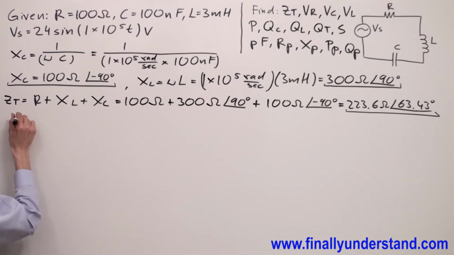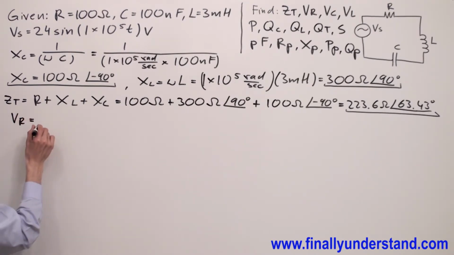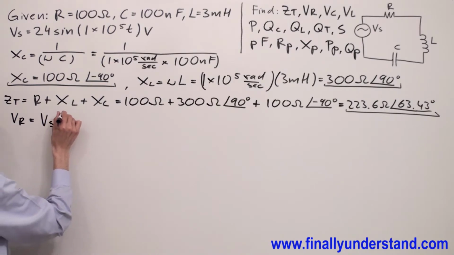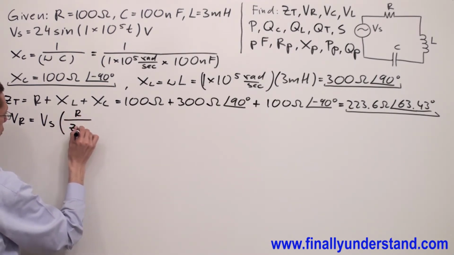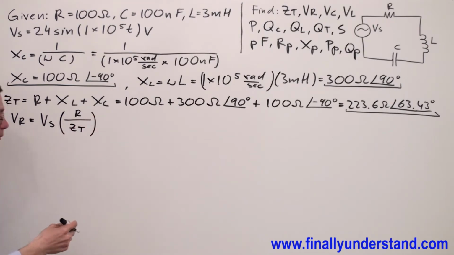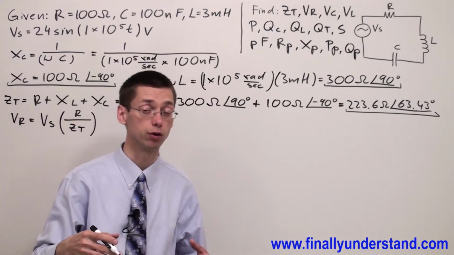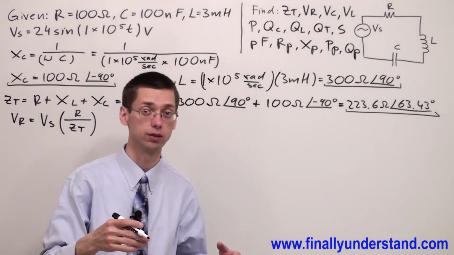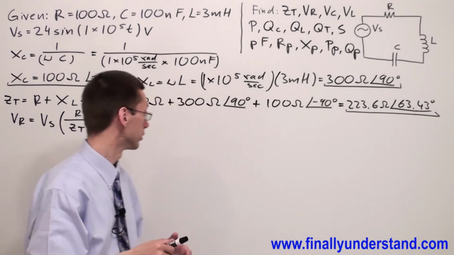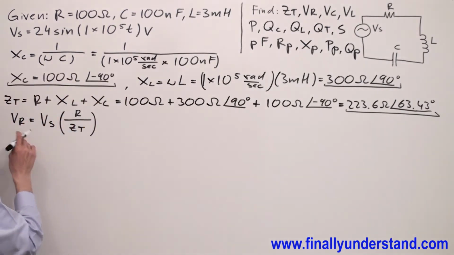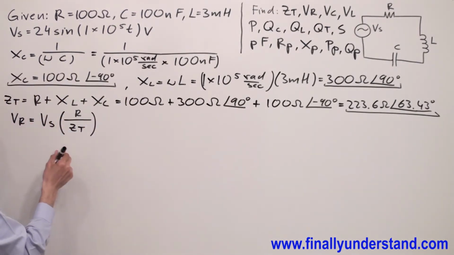VR is equal to voltage source times resistance over Z total. Again, someone can ask why you're using voltage division law if Ohm's law is easier. The thing is that I want you to simply practice the voltage division law.